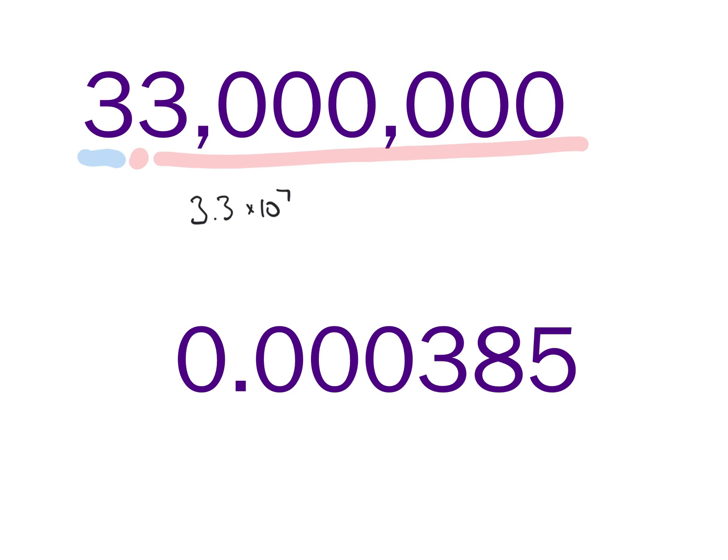So that is 3.3 times 10 to the exponent 7. 33 million is 3.3 times 10 to the exponent 7. That's how we write 33 million. So today we're going to be taking regular numbers and writing them in scientific notation. Or we're going to be taking numbers in scientific notation and writing them as regular numbers.